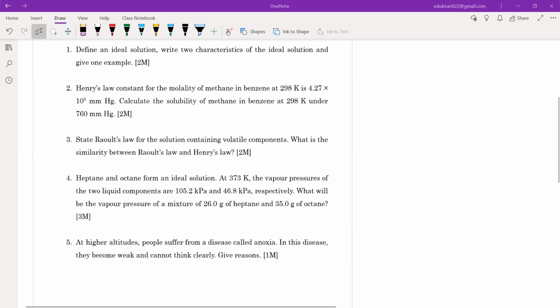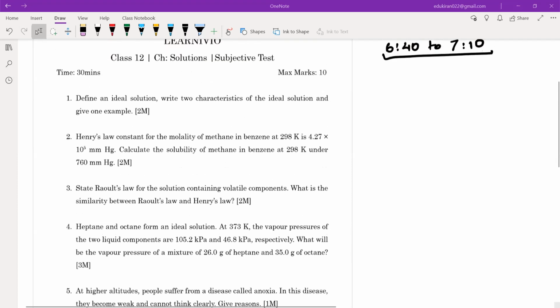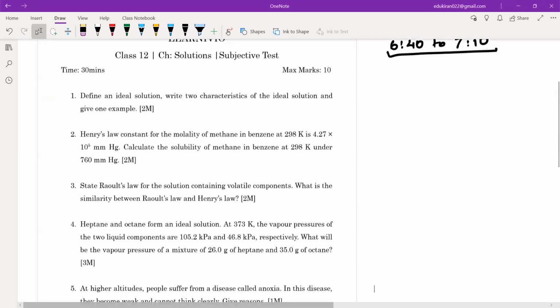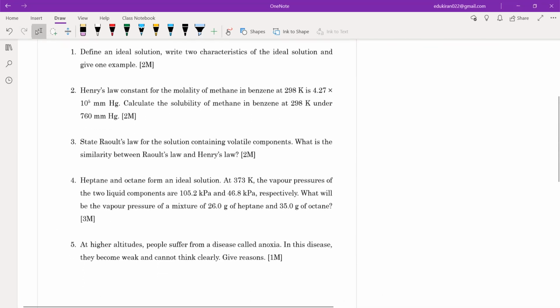So let me discuss these questions quickly. I hope you will not have any difficulty in the theory parts. So what is an ideal solution? Ideal solution is a solution which follows Raoult's law at all concentrations, or at the entire range of concentration.